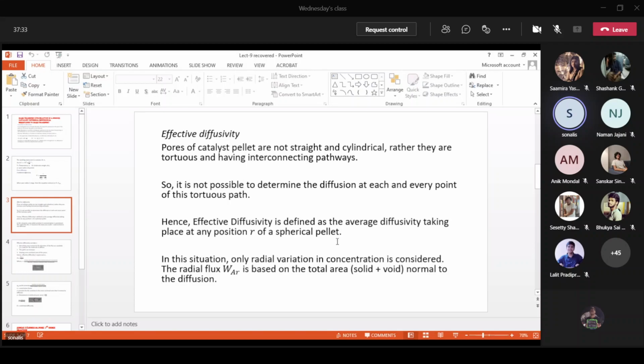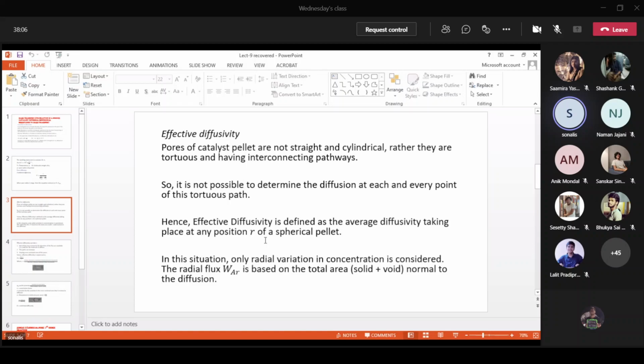You take any point in the catalyst pellet, R is that position, and you calculate the diffusivity. In another position, you calculate the diffusivity. So together you can make an average. This average diffusivity is the effective diffusivity for a real solid catalyst particle having tortuous, interconnected pores of different dimensions.